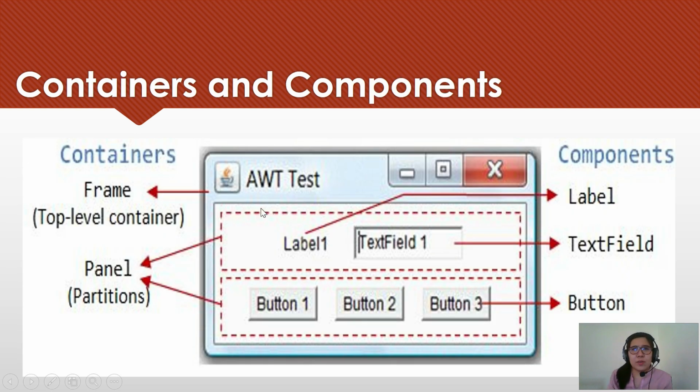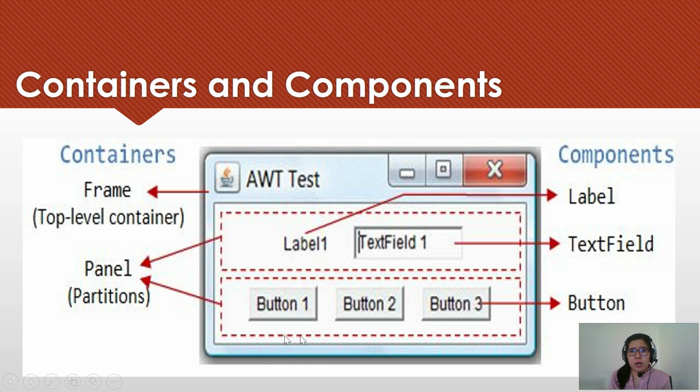So we have here the difference between containers and components. So in our example, you will see that the container can be categorized into two. We have the top level and the partition. When we say the top level container, this is the frame. When we say panel or partitions, these are the broken red lines there.